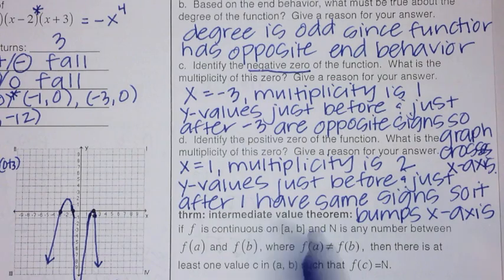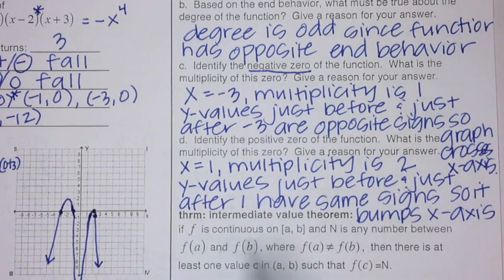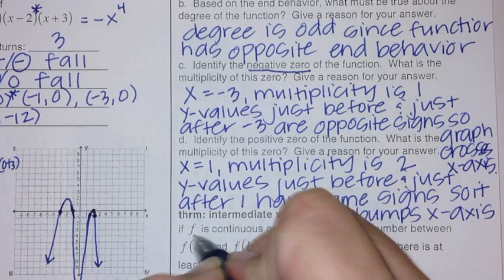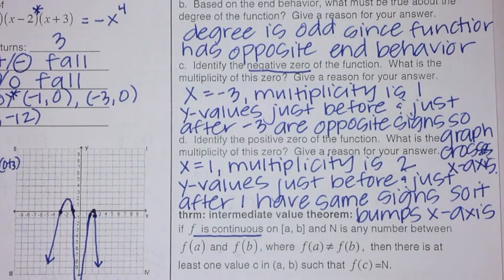It's called the IVT, or intermediate value theorem. Intermediate meaning in the middle. So it says if f is continuous, so that's kind of a condition we have to address before we can approach any problem using this theorem.